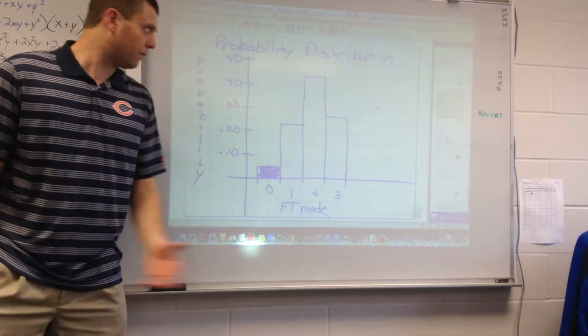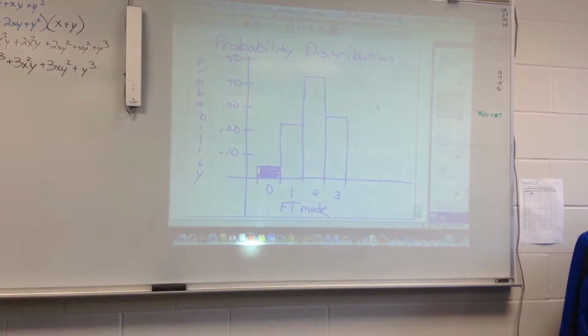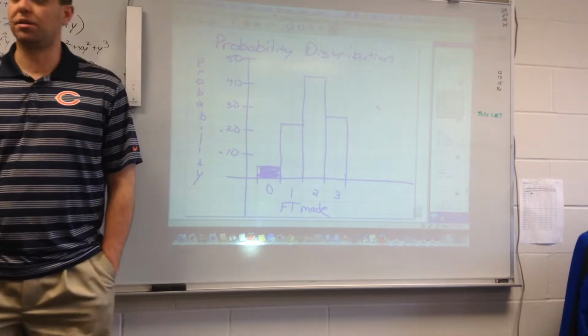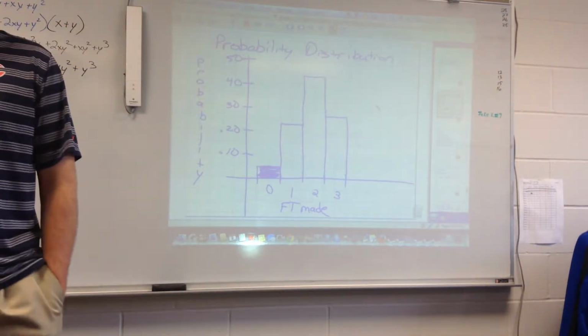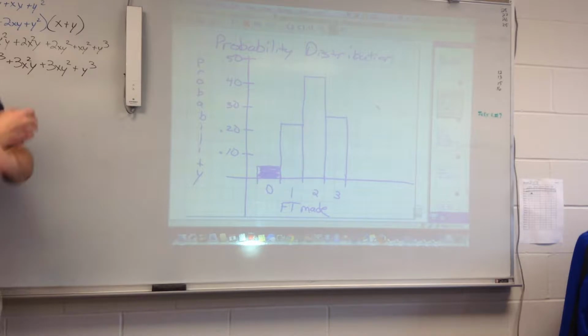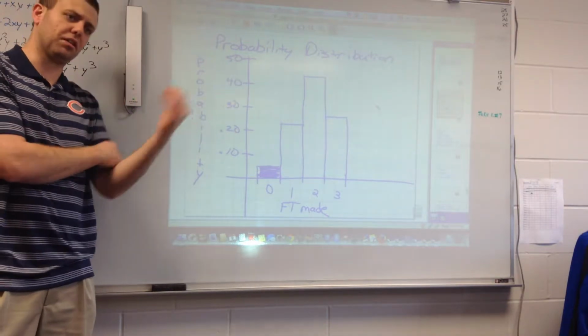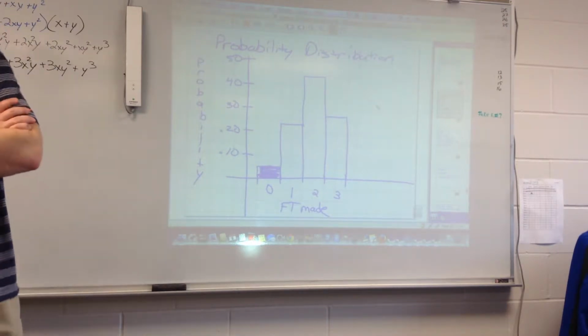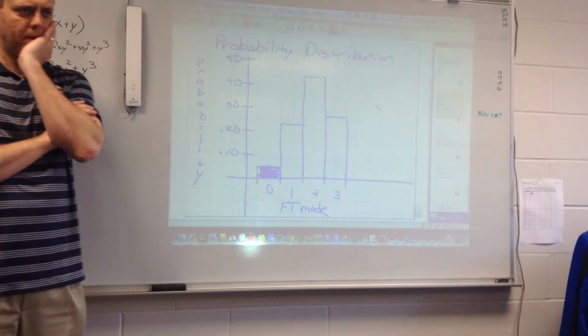So this is an example of a probability distribution, and you will be asked to make one for a problem. It is a free throw problem on the test, I'll go ahead and tell you. You'll be asked to make a probability distribution after you calculate all those answers like we did on the previous page. What questions are you having so far?